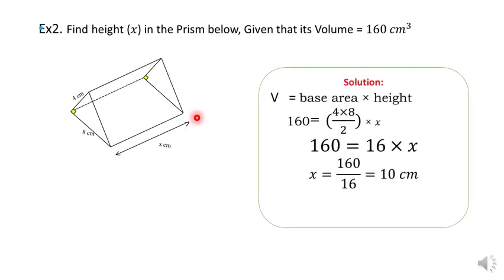Here, class, the solution: we use our formula, volume equals base area multiplied by height. Since we know its volume equals 160, replace volume here by 160. For the base area, since its base is a triangle, use the formula for the area of a triangle: base of the triangle multiplied by height of the triangle, then divide by 2.